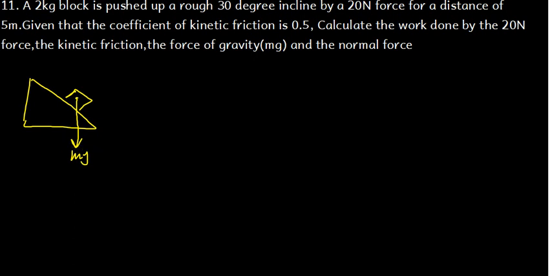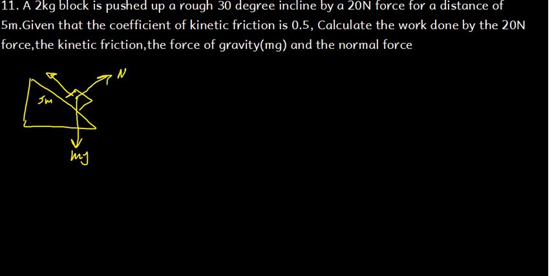If you recall, work should always be in the same direction as the direction of the displacement. So the displacement is like that. That is the 5 meters we can see. So it travels 5 meters up. So the component of the weight, if we extend, we have of course the normal force here.